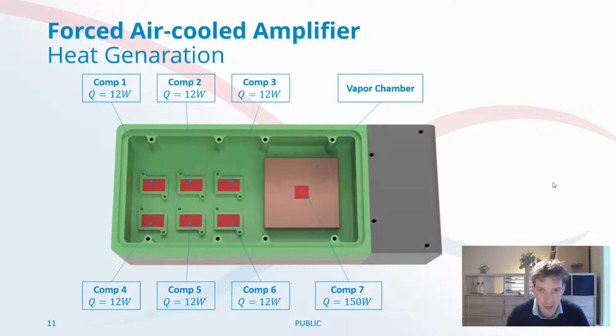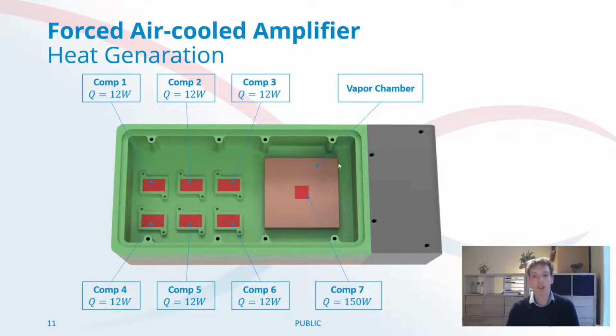Voila, and last but not least, you can see the placing of the electronic component itself. You have 6 times a component of 12 watt. These are a few smaller components, and then you have the most challenging component, that's component 7, that has a heat generation of 150 watt, and that's placed on a vapor chamber in order to spread out the heat.